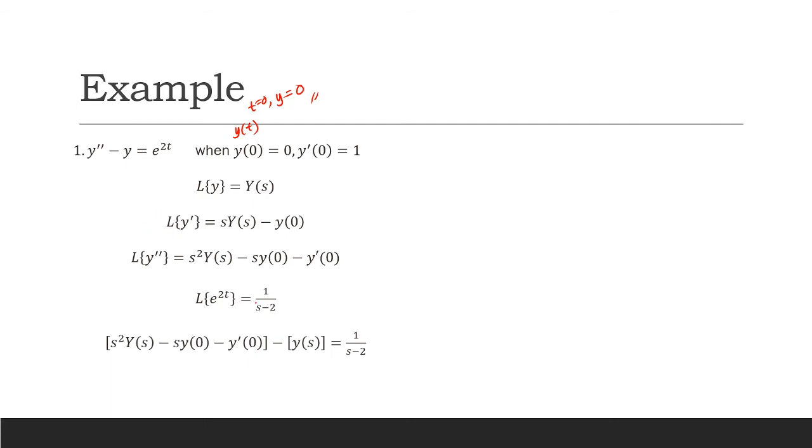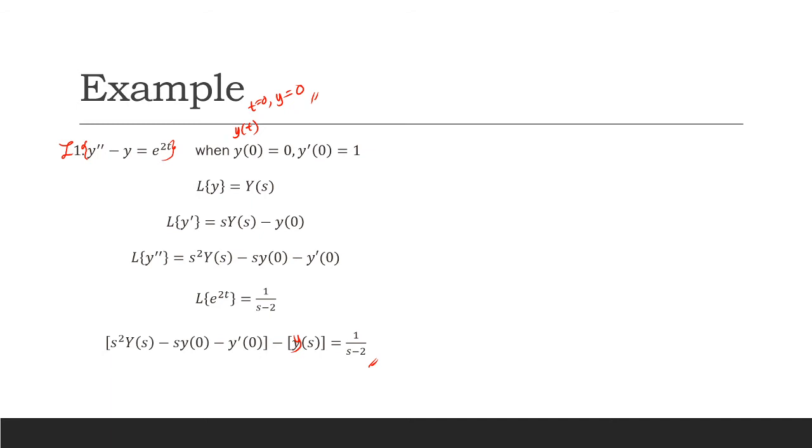And then Laplace of y, capital Y of s, is equal to Laplace of e raised to 2t, that is 1 over s minus 2. So, take note, ano yung ginawa natin? We just took the Laplace transform nito, ito yung kinalabasan. Now, tapos na tayo sa first step.